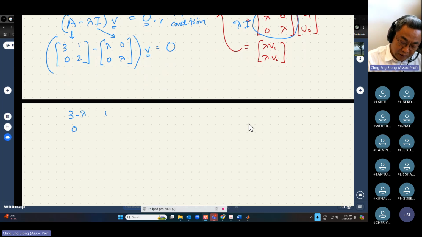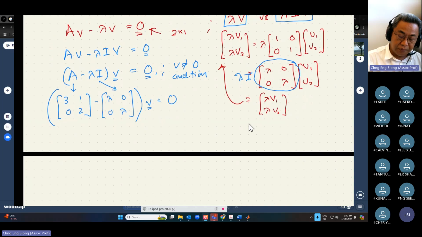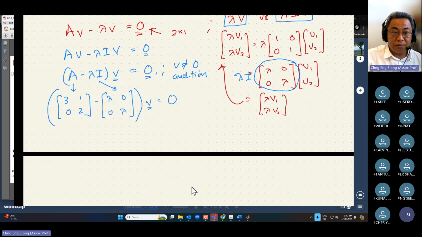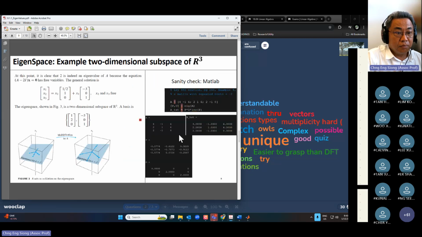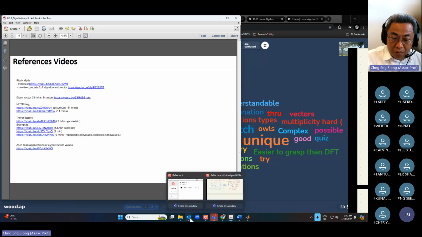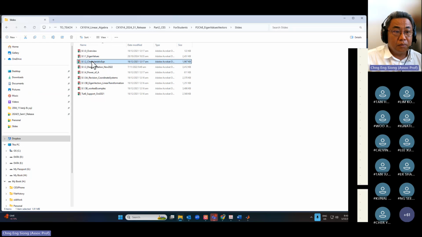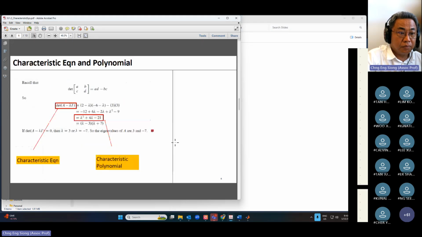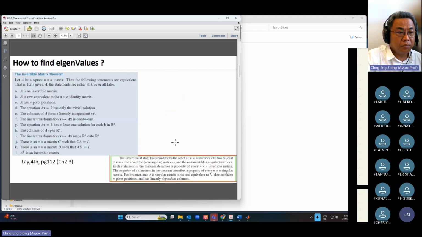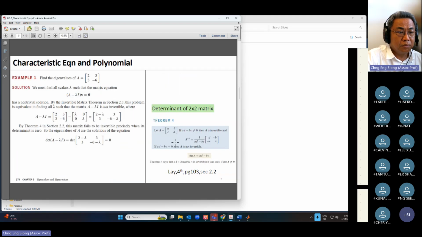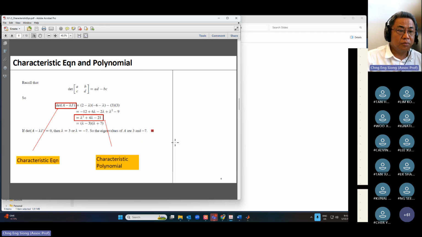Let's give him names first. A minus lambda I. He has a name, guys. Oh, the determinant of A minus lambda I has a name.